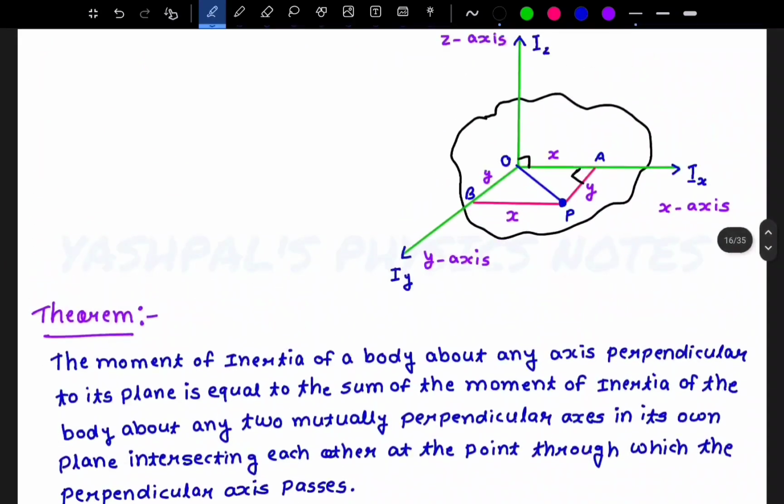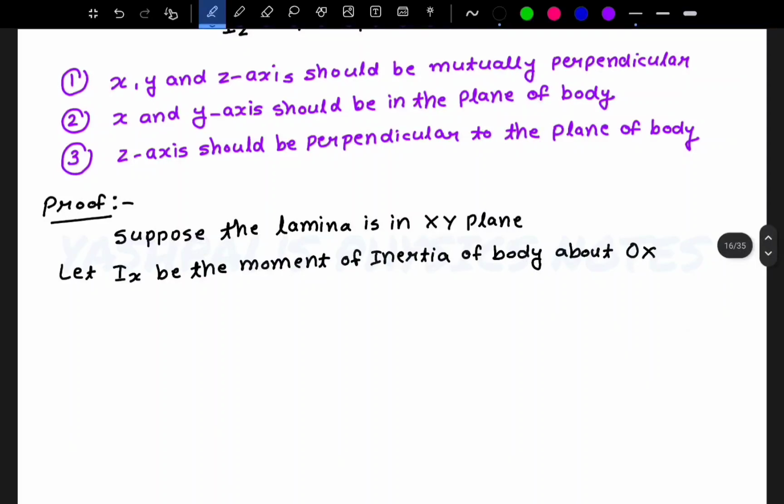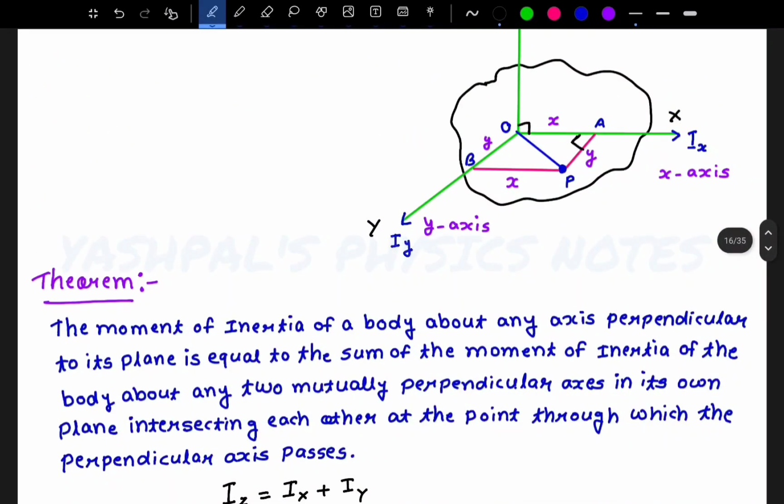So see, in this figure I have shown that O as origin, which is along x-axis. So I can consider this as x-axis, this is z-axis, and this is y-axis. So I can show that Ix is nothing but the moment of inertia of body about this OX axis.